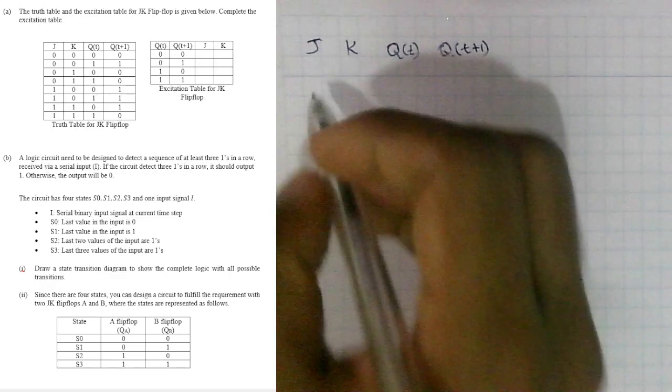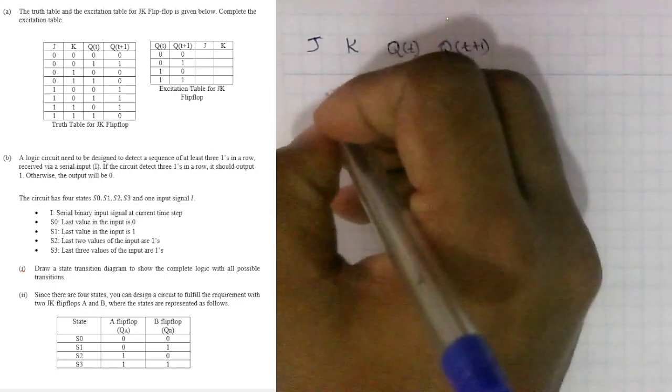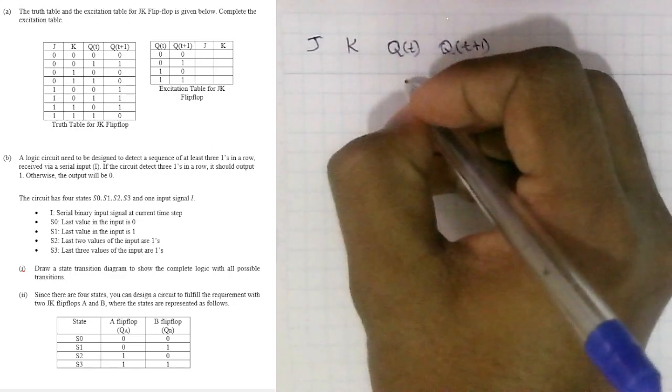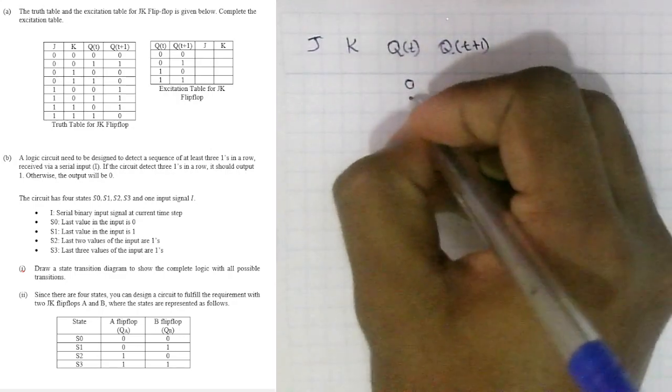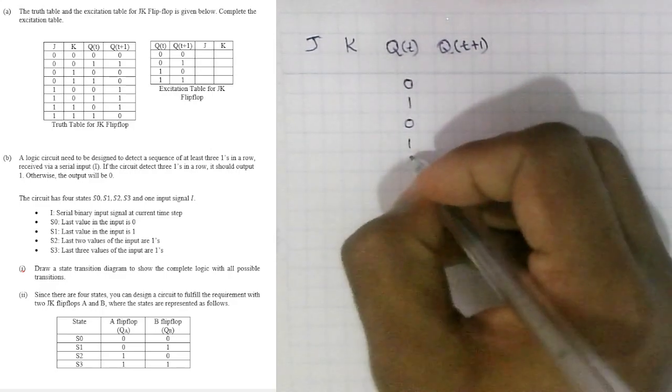So that's our truth table's configuration, and because all three of these are important to us, we will have 8 combinations of these values. So let's just complete the table. State could be 0, 1, and I'm going to just complete the table here.